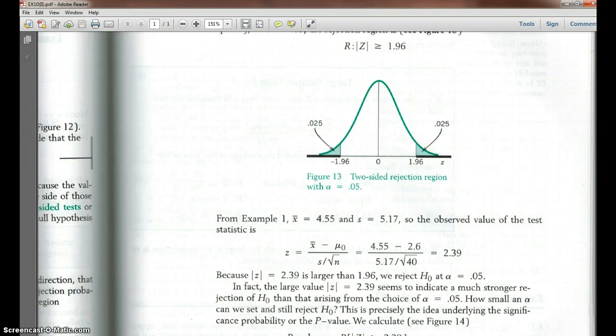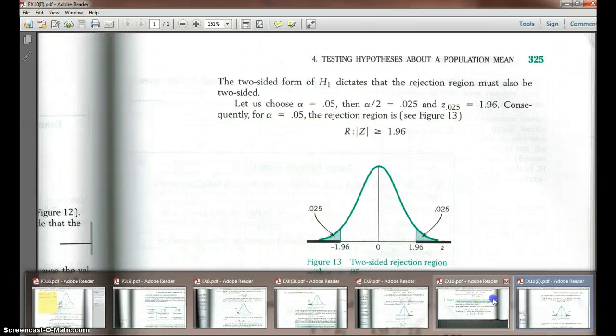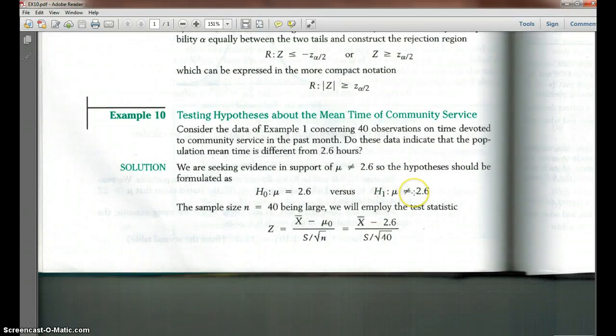So we can support the alternative hypothesis. If we go back here, it's this one: mu is not equal to, because it's greater than. So we say we support this alternative claim. Okay, so that's how we do these three different cases.